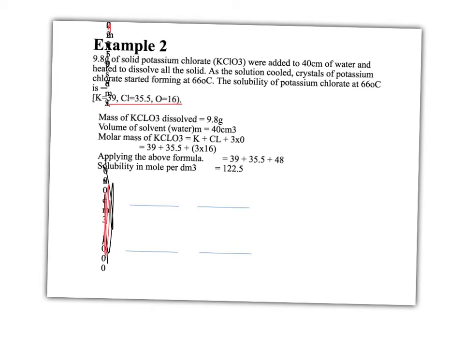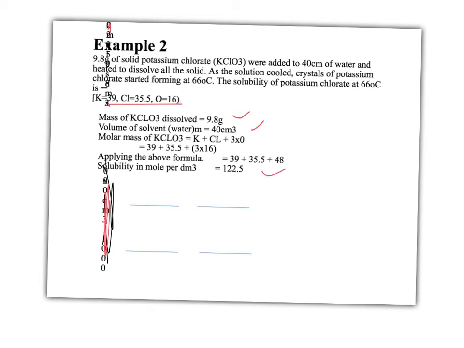We're given the mass of the solute that dissolved, and it's 9.8 gram. We're given the volume of the solvent, which is water, and it's 40 cm³. We're given the molar mass of the solute, which is 122.5.